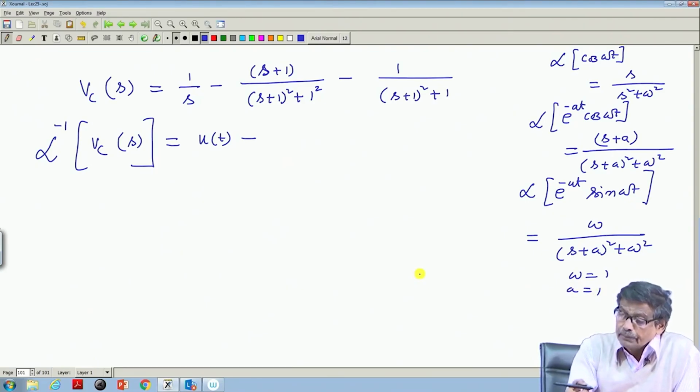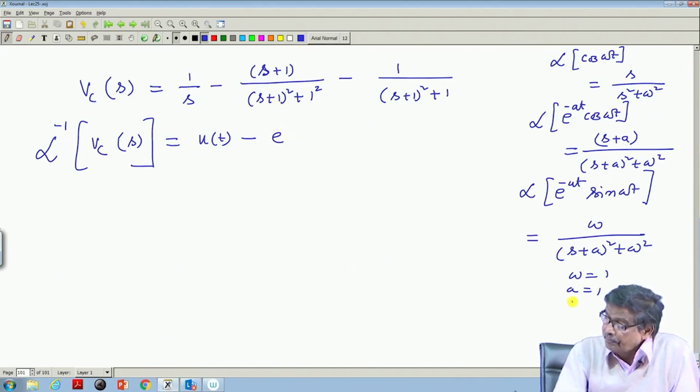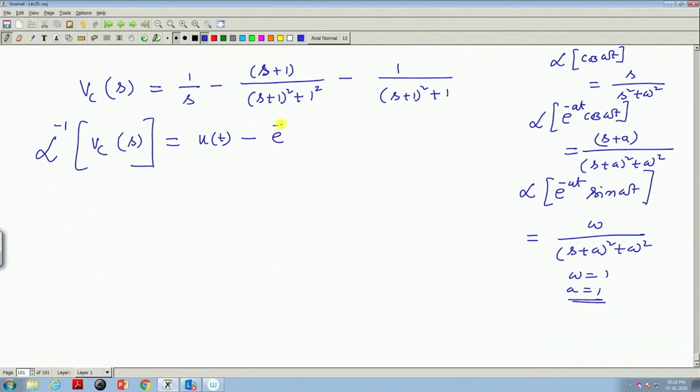So, if you take the Laplace inverse, I will straight away write it to be e to the power minus a t, a is 1, so e to the power minus t into cos omega t, omega is 1, cos t. The second term is e to the power once again minus t into sin t.